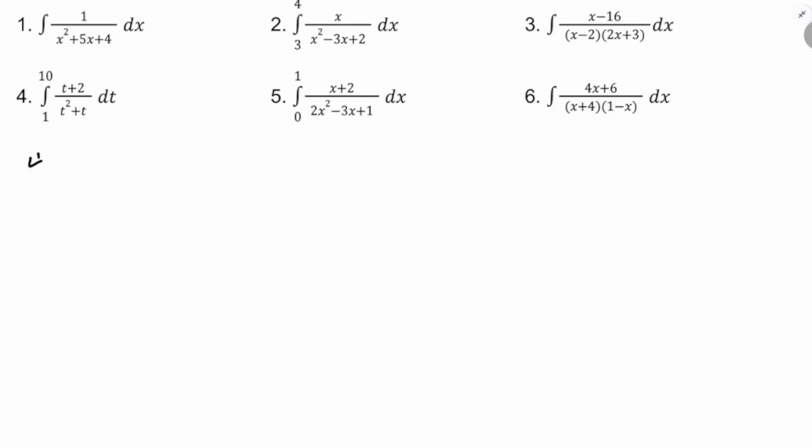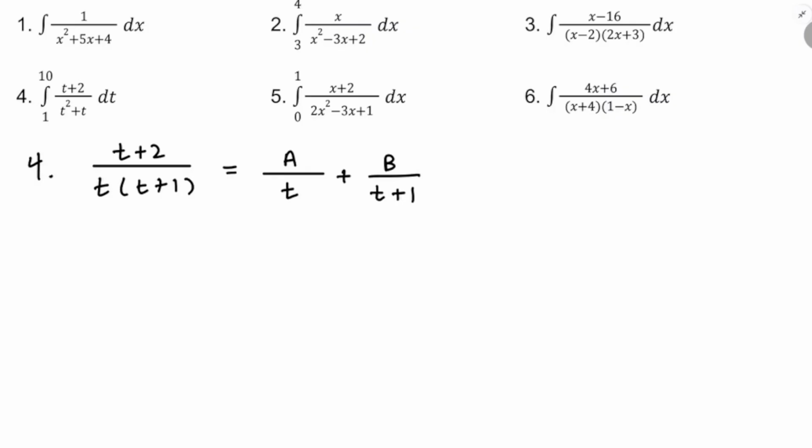Okay, number 4, oh yeah, it's factorable, t times t plus 1. Okay, t plus 2 divided by t and t plus 1 is going to be some number divided by t plus some other number divided by t plus 1. So I'm going to say t plus 2 equals a multiplied by t plus 1 plus b multiplied by t.